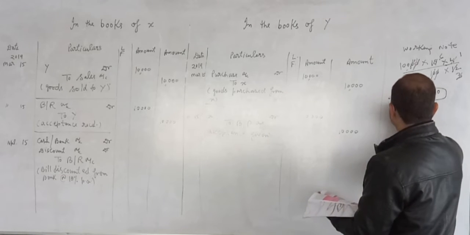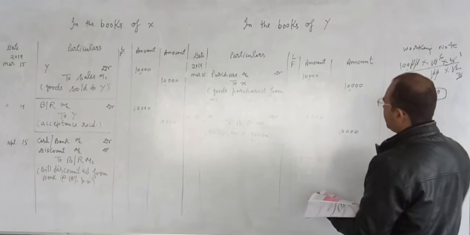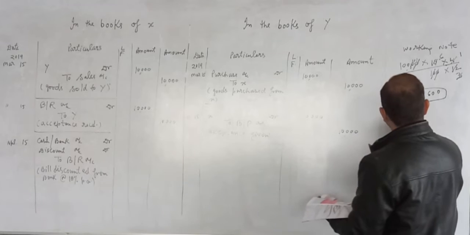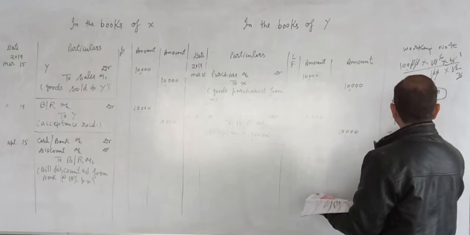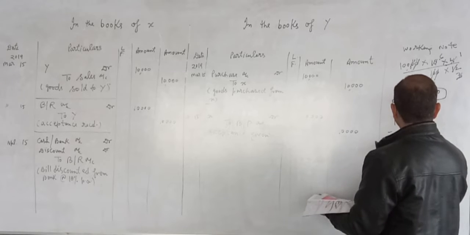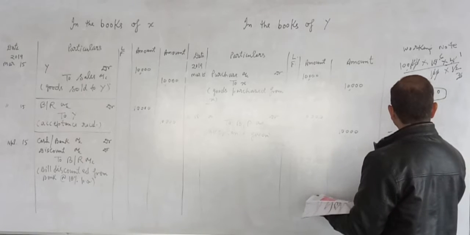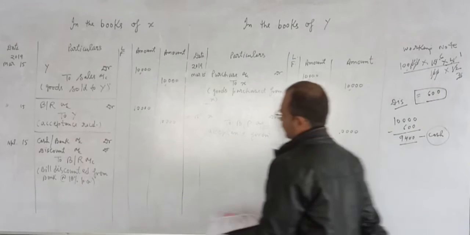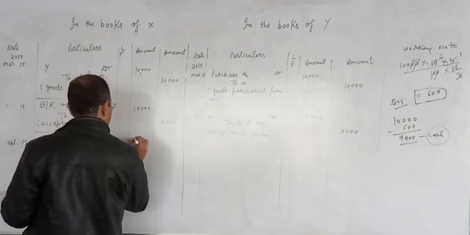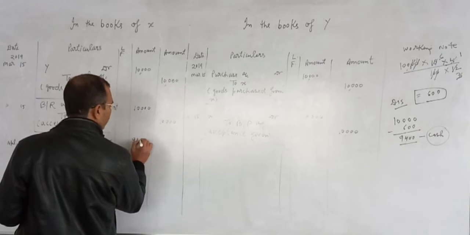After finding this amount of discount, we will deduct it from the whole amount of the BR. 10,000 minus 600, and in this way we will find 9,400. This amount will come in front of the cash. So we will write here 9,400.